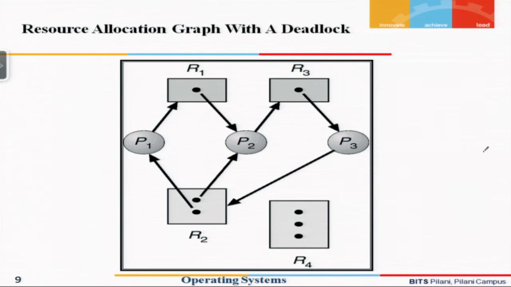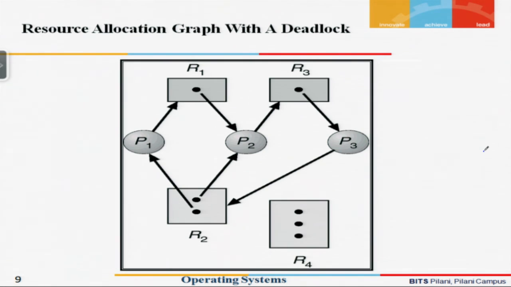In this case we are simply making a statement: there exists a cycle and there is a deadlock. We will try to generalize this result. Can we say that whenever there is a cycle there is a deadlock? This is a question which we would need to answer.